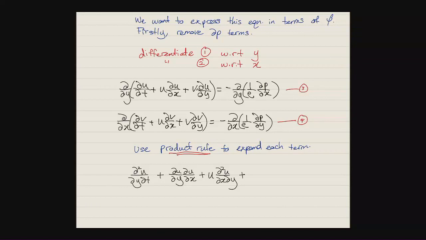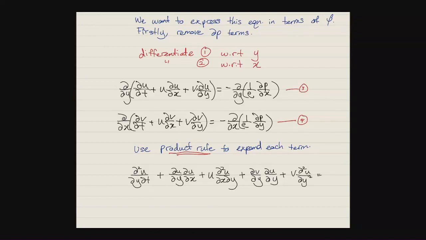Is everyone okay? You all know how I got these terms? Yes? Okay. So I'm going to write all the other terms. Basically I'm just expanding it. Del v over del y, del u over del y, plus v del squared u over del y squared.